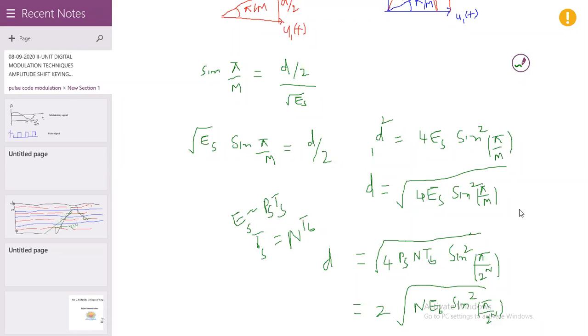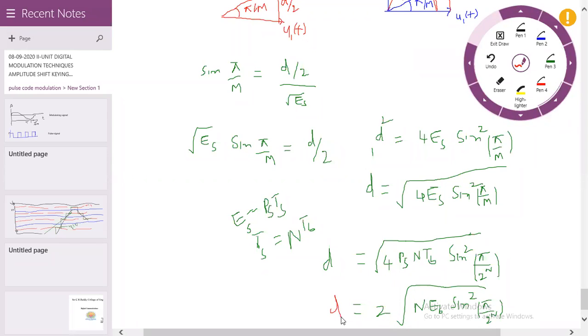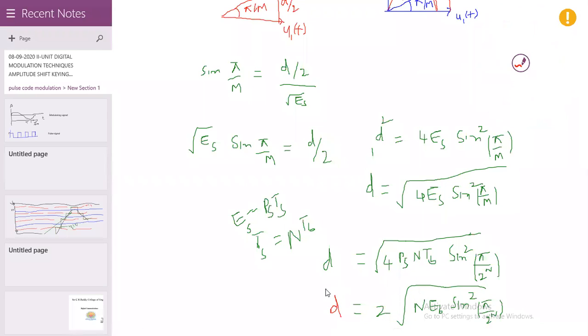Okay, this is a very important relation for M-array PSK. This is the distance.